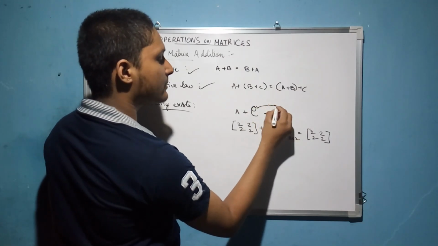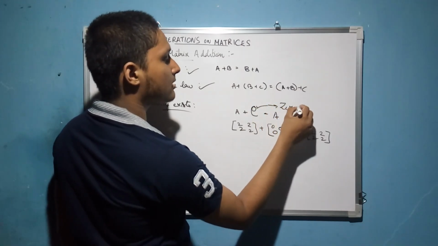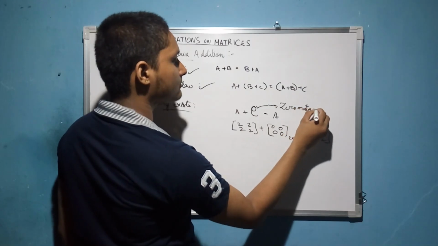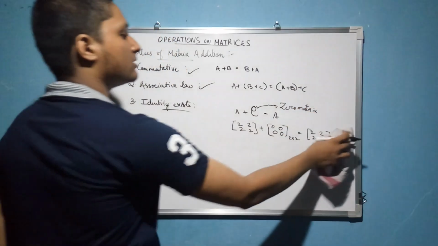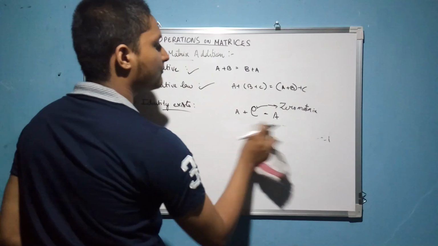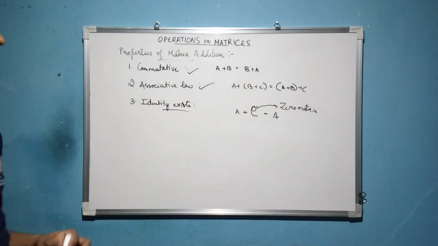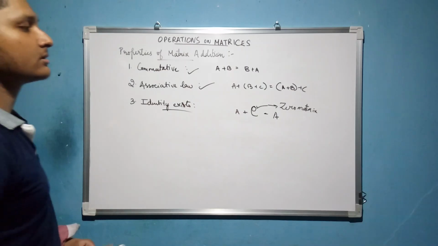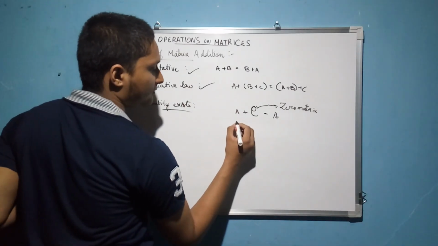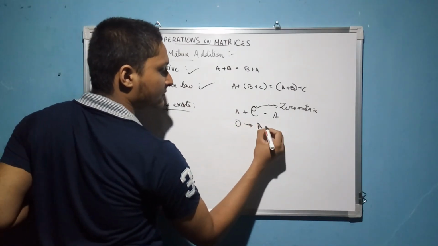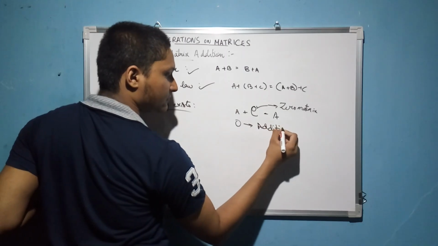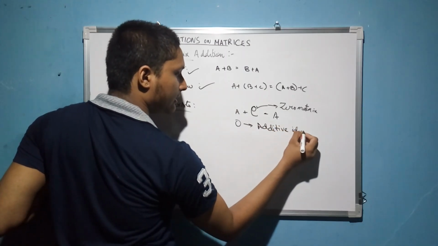Therefore this represents the 0 matrix of a particular order. It depends on the order of A. If the order of A matches the order of the 0 matrix, then it is going to be the identity. Therefore 0 represents the additive identity.